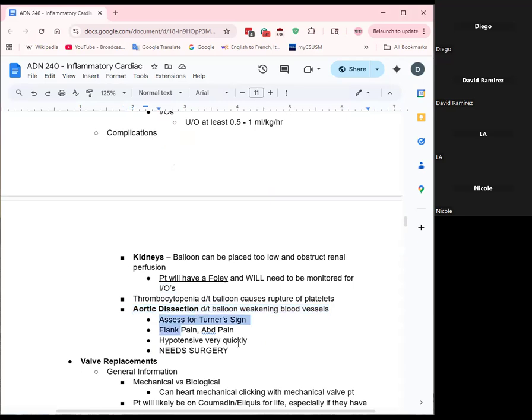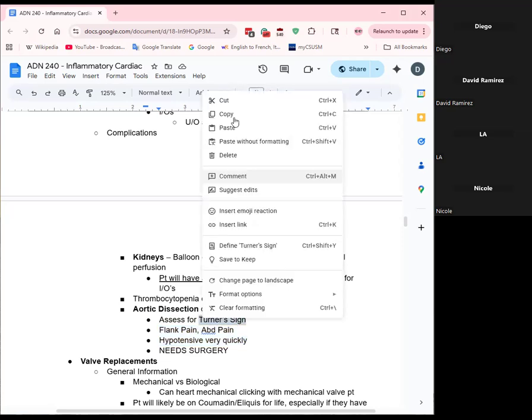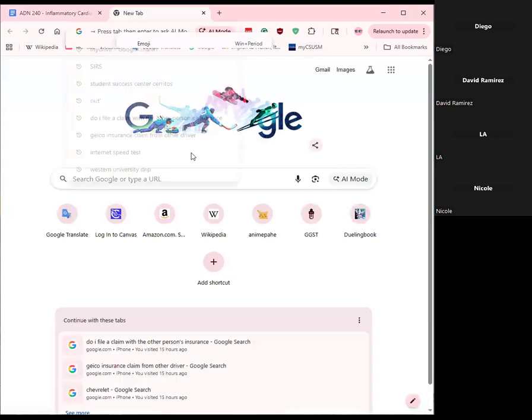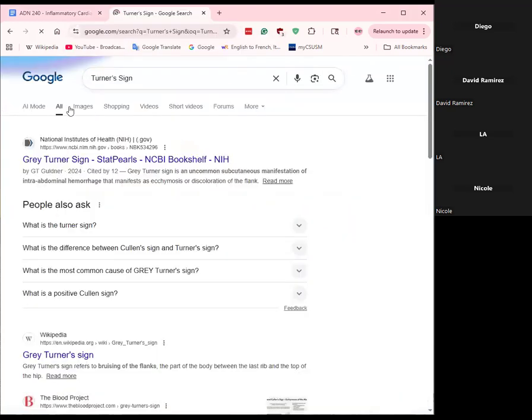Some of the signs of internalized bleeding: suddenly crashing, or if they're awake and making that recovery, but suddenly they have flank pain and abdominal pain. They're having signs of Turner sign, which is a sign of internal bleeding. So let's take a look at that.